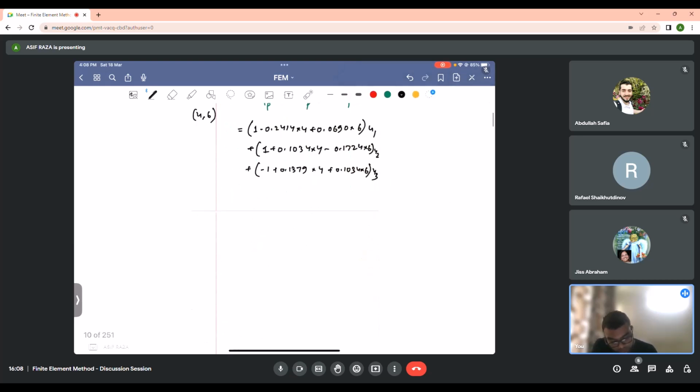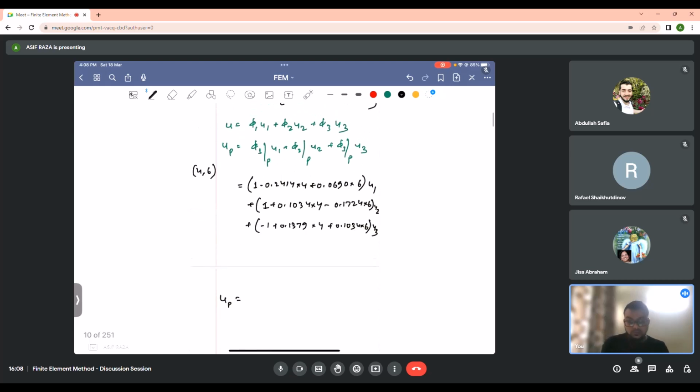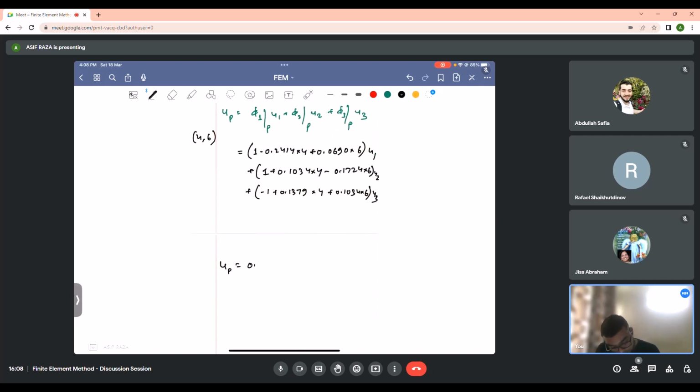So finally, u at p will be equal to what? Let us find these values. 1 minus 0.2414 times 4 plus 0.069 times 6 is 0.4484 u1.